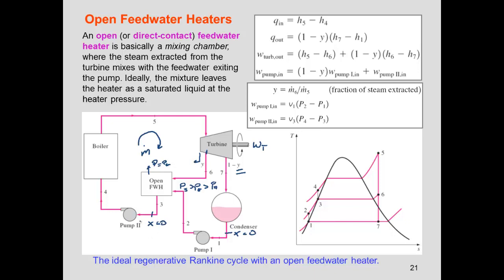Recall that otherwise, if we have quality greater than 0, we could have problems with the pump because our pump cannot manage two phases. So basically, here we have all the mass together again, so we can pump it to the boiler and the cycle starts again.